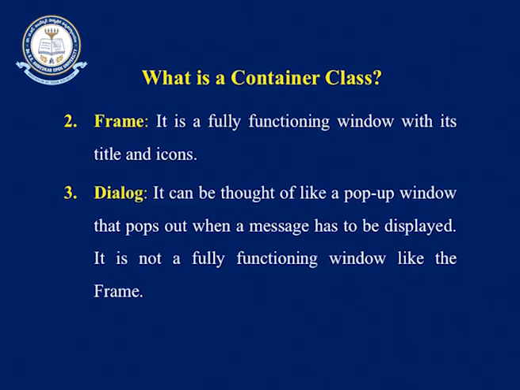Then dialog. Dialog is also one of the containers. It can be thought of like a pop-up window. For example, when you are working with any application, suppose there is an error, you may get some pop-up box. Like that it has the shape of a dialog box, and dialog is one of the containers where we can store multiple components.